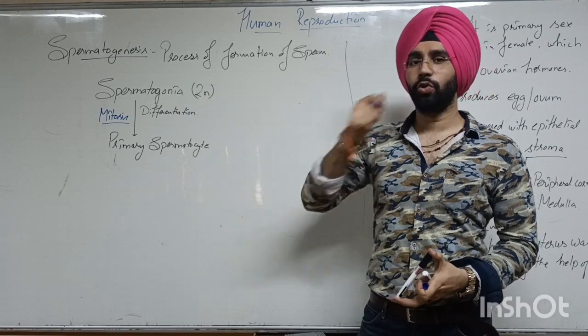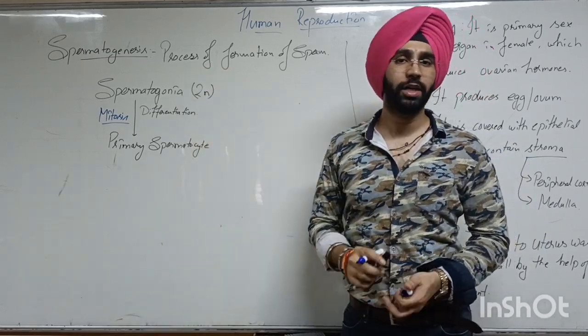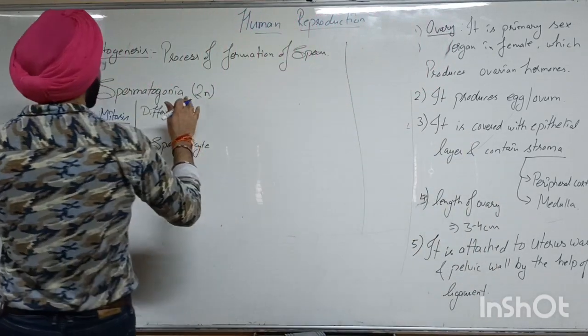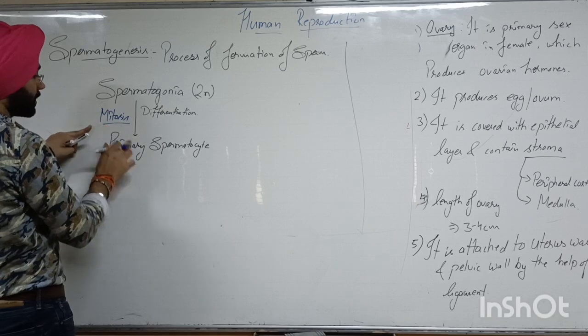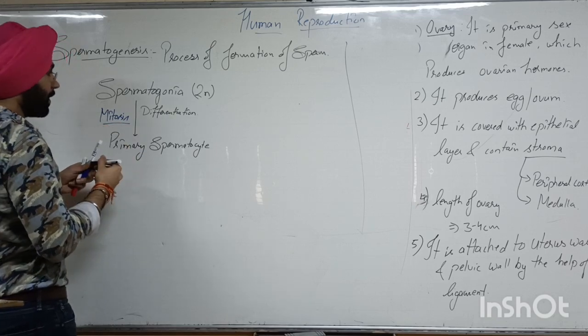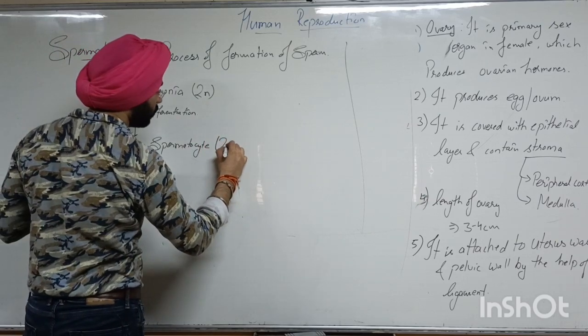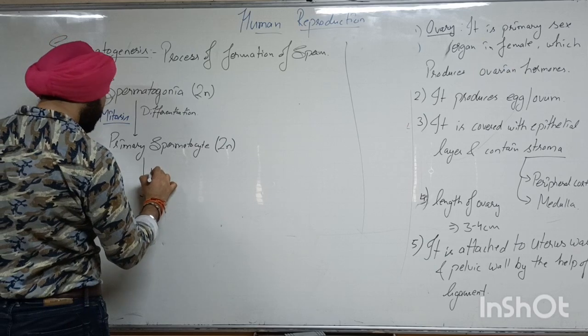So in this flowchart you are going to understand how this diploid cell gets converted into a haploid sperm. The spermatogonia is 2n ploidy, known as diploid, and after differentiation and mitosis it is converted into primary spermatocyte, which is also of 2n ploidy, and after that meiosis first happens.